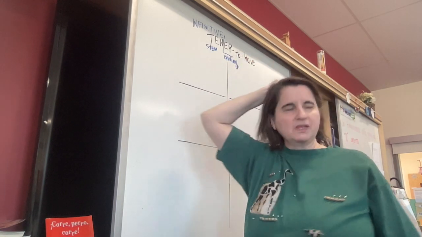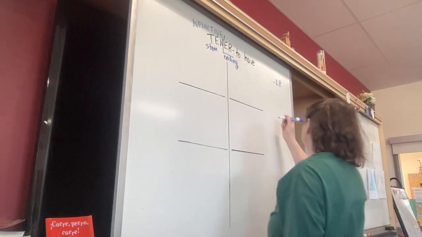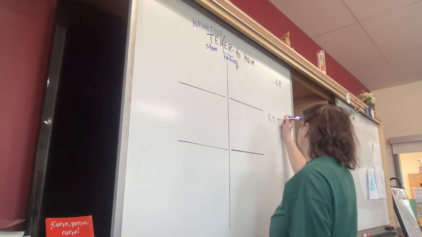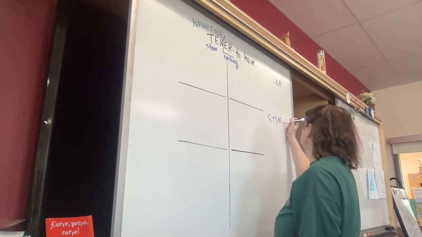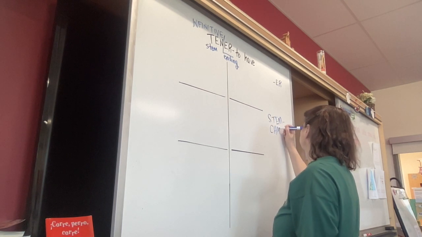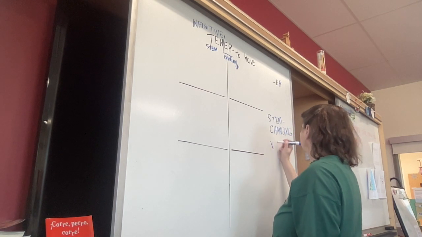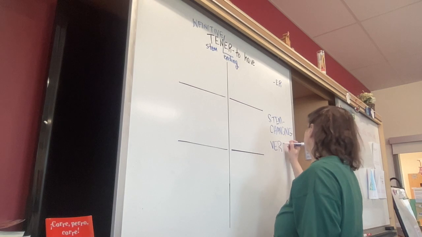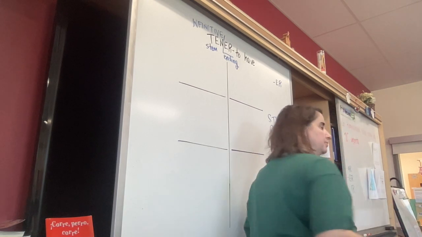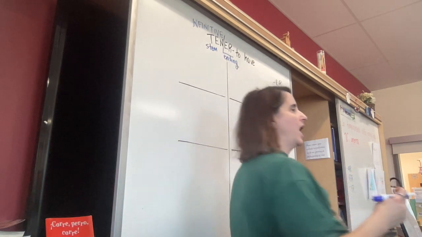Okay. Then your Spanish teacher informs you that this is a stem-changing verb. So you need to write that in the margins. Stem-changing verb. And so then the question becomes, what kind of a stem change? This one is E to IE.